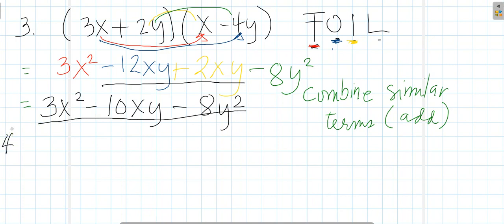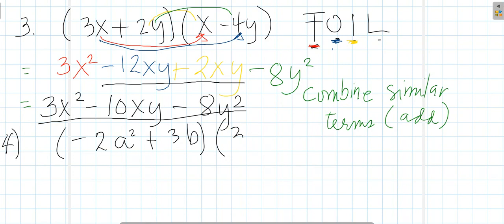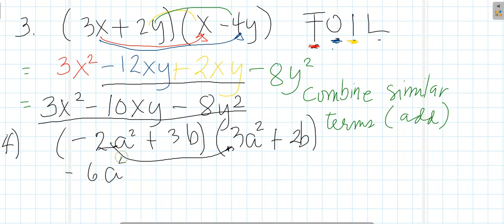Okay, next we have negative 2a squared plus 3b times 3a squared plus 2b. So the same, multiply. Negative 2 times 3a squared gives negative 6a to the fourth.